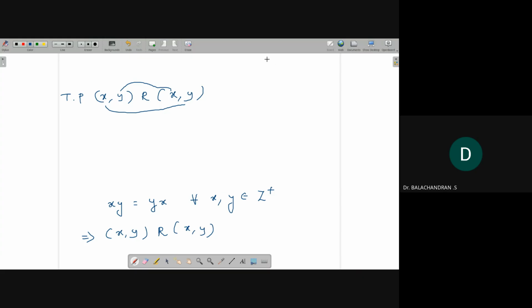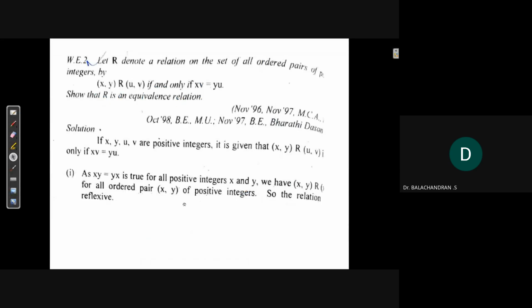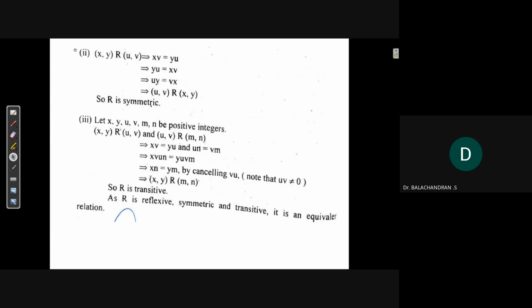Next, actually I want to prove symmetry. Symmetry I'll take. So (x, y) is related to (u, v). If I take like this, so finally I need to prove what? (u, v) is related to (x, y). So from this, what we have: first into last, that is x into v equal to second into first, y into u.